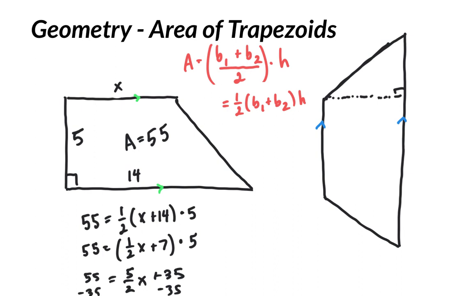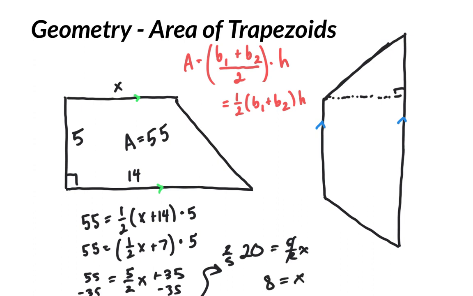So you say, well, 20 equals 5/2 x. Let me scooch up here where I have a little more room. 20 equals 5/2 x. Divide both sides by 5/2. That's the same as multiplying by 2/5. So 2 times 20 is 40. Divided by 5, x is 8.